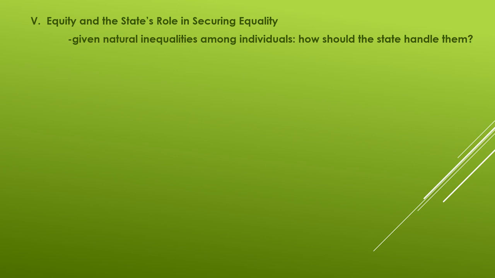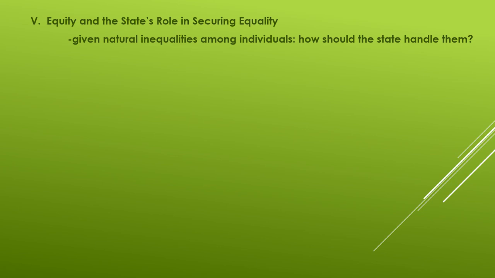Not everybody looks the same. Not everybody has the same emotional capacities. Not everybody is as beautiful as everyone else. Not everyone is as intelligent as others. There are just these natural inequalities that occur. People are not exactly the same.